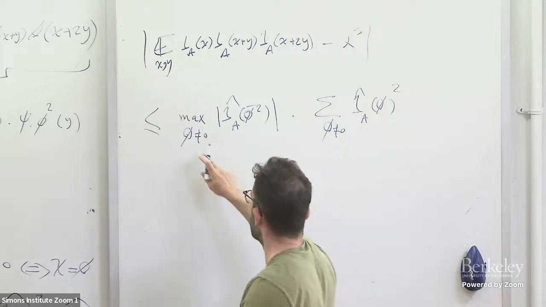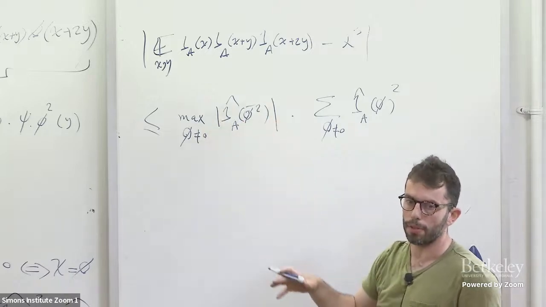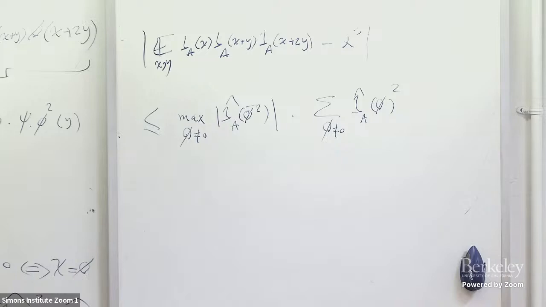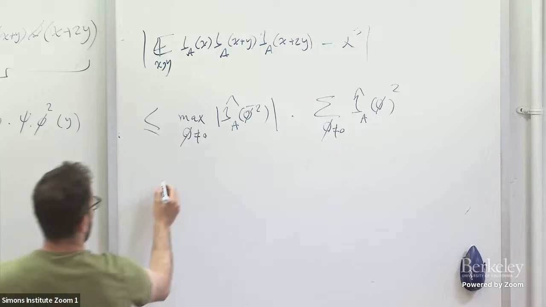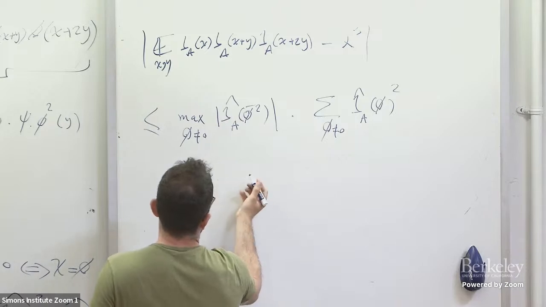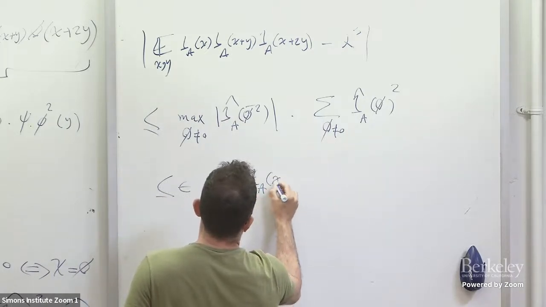And from the pseudo-randomness property, we know this thing is at most epsilon. So we have a bound using this definition of epsilon, and that is at most epsilon times this thing, which I write as the expected value of 1A squared.